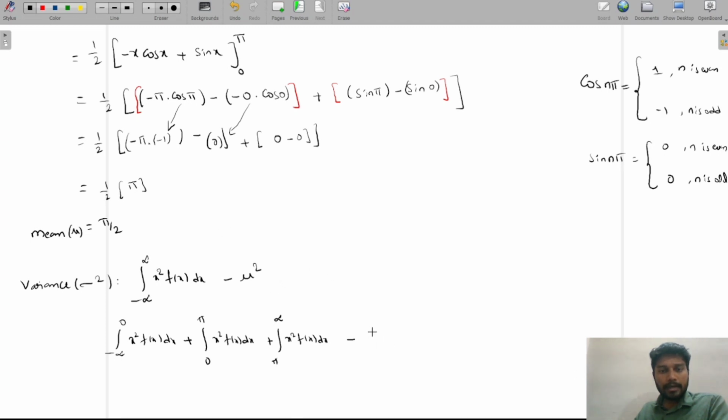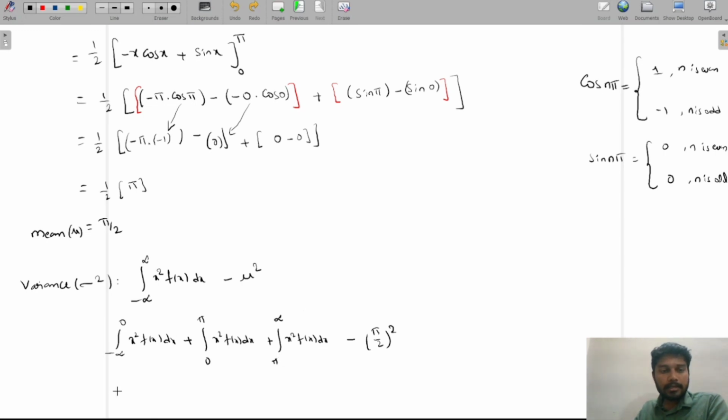So the mu value I had was pi by 2, right? So which we square, right? At this limit we have f of x is 0, and at this limit also f of x is 0, so these two integrations are going to be 0.